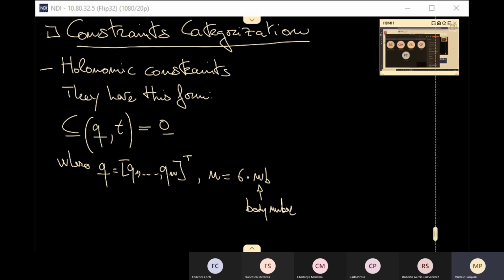Okay, so this, in fact, could be further divided into rheonomic and scleronomic, okay? So scleronomic holonomic constraints.